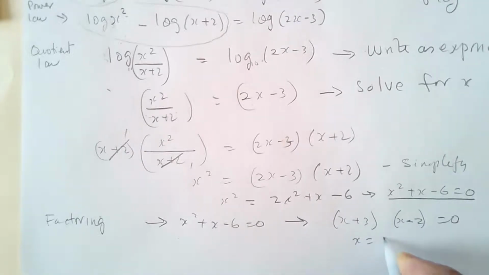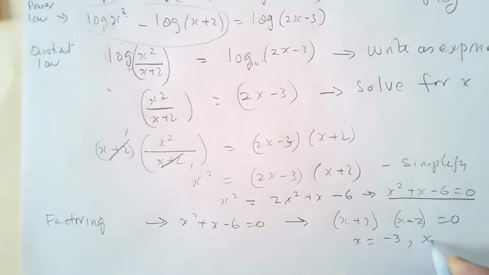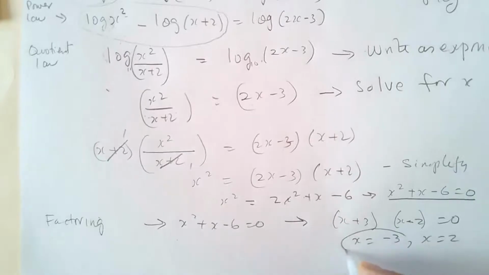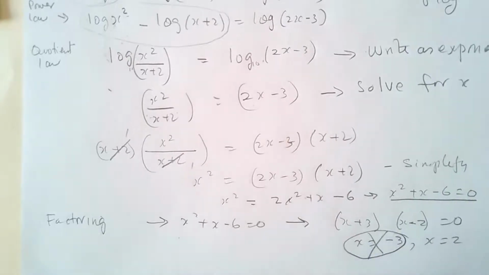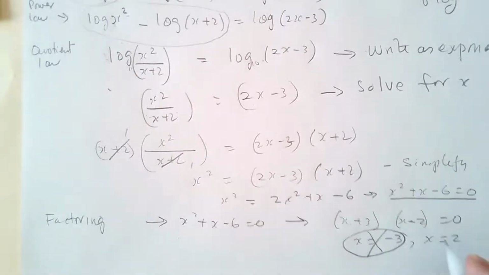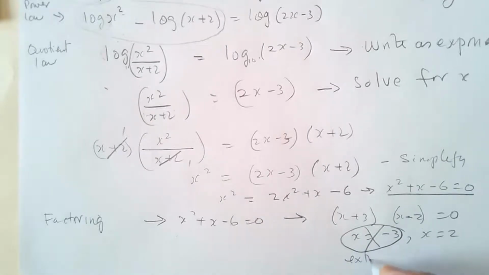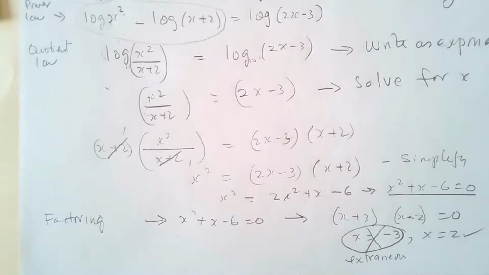So x is going to be equal to either minus 3 or x equals 2. So minus 3 will be extraneous. We say that's extraneous. This is our solution.